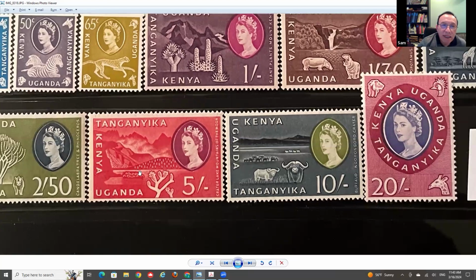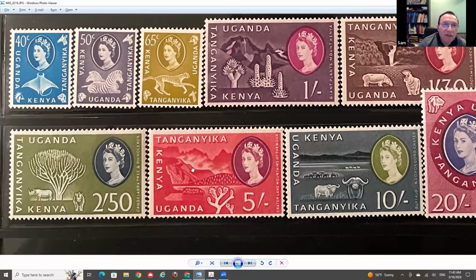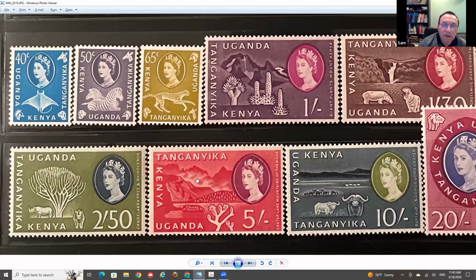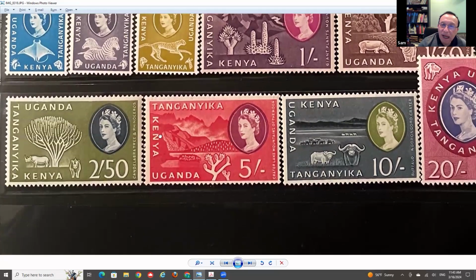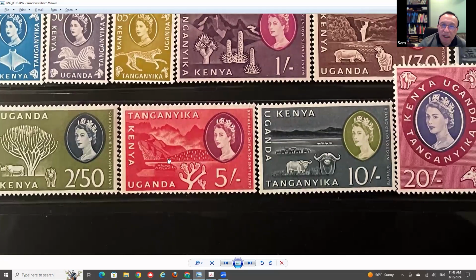Now, this here is the Mountains of the Moon. Somehow this is related to finding where the Nile River started, and it has to do with the discovery of Burton and Speke. I don't know exactly the details, but there is something related to that.